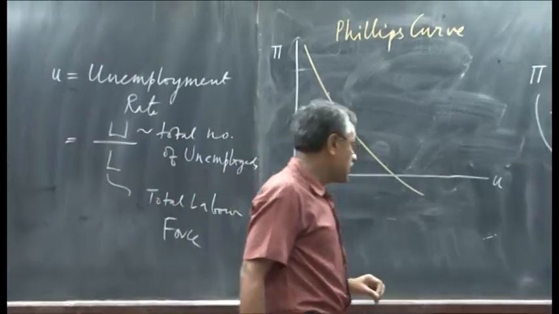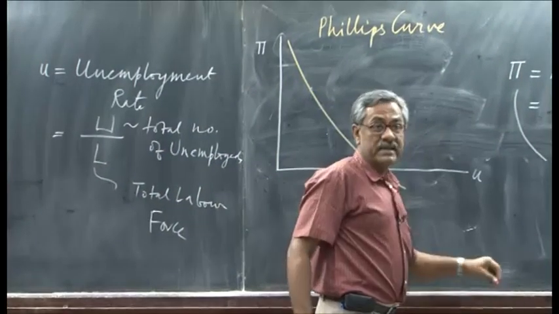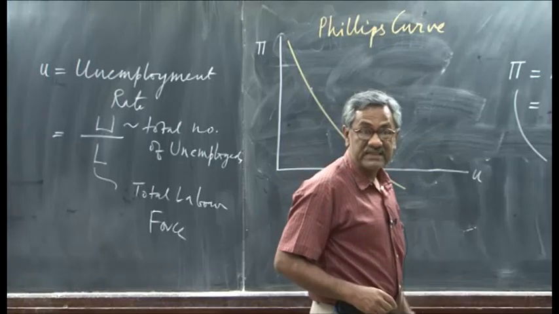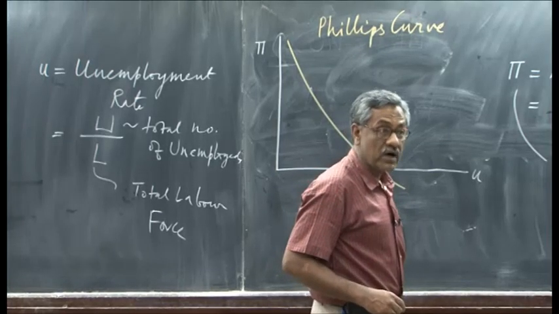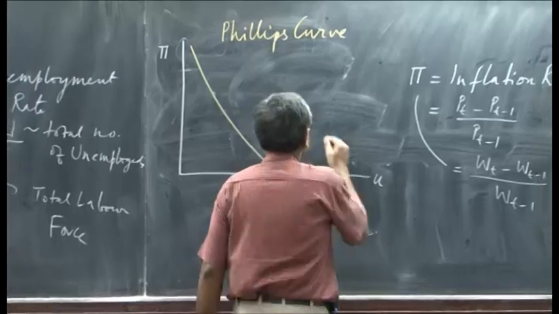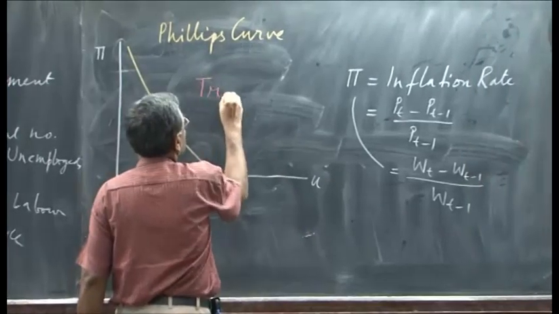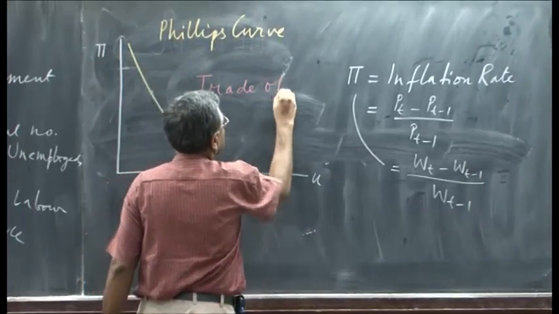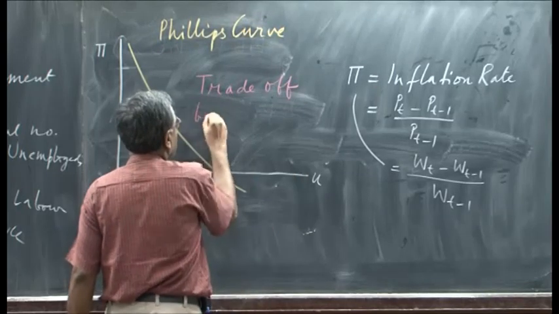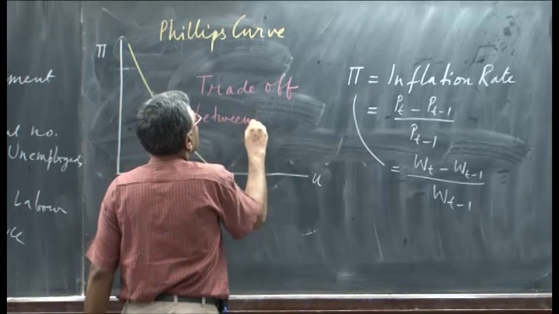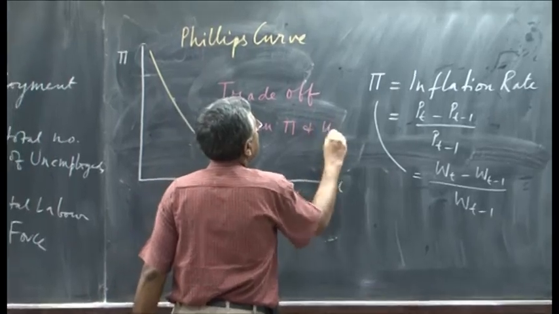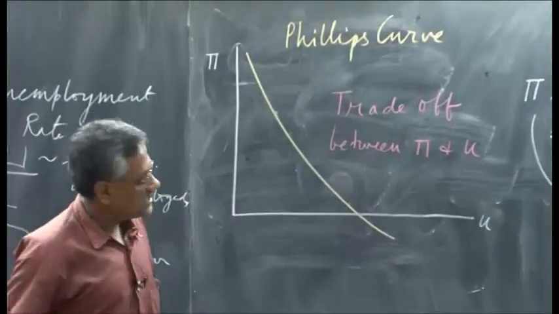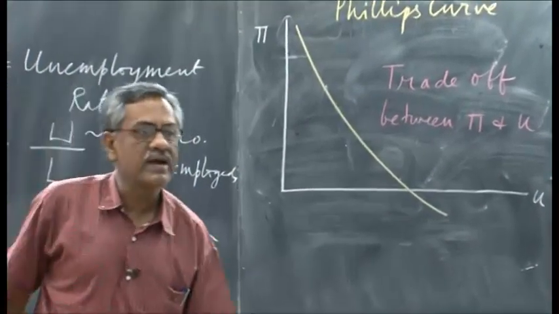If this is empirically true, that means in England there is a trade-off that exists or existed for over 100 years. So this is essentially talking about a trade-off between pi and u.